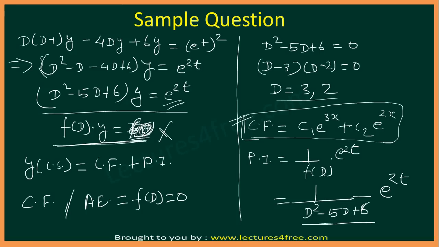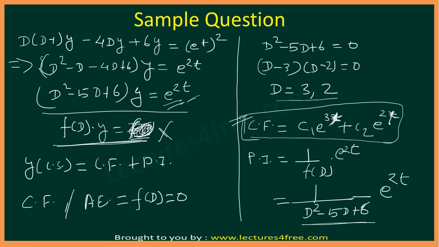We have written x, but here it will be t, because in this case our equation is converted into y and t, where y is your dependent variable and t is your independent variable. So here we have to write t.